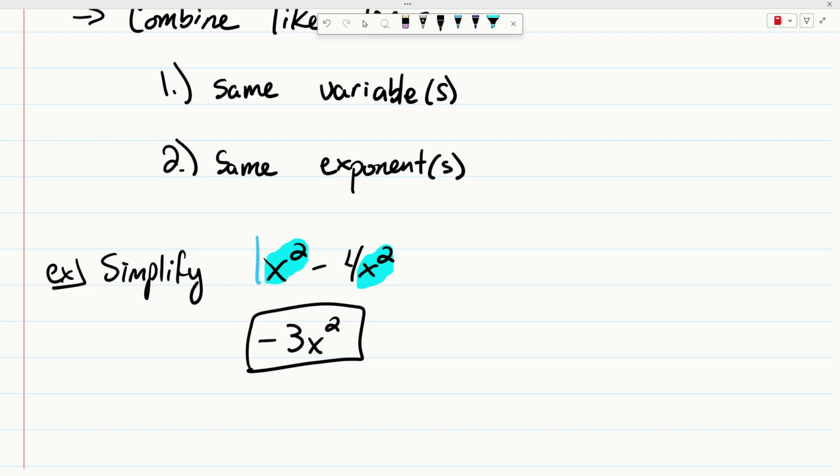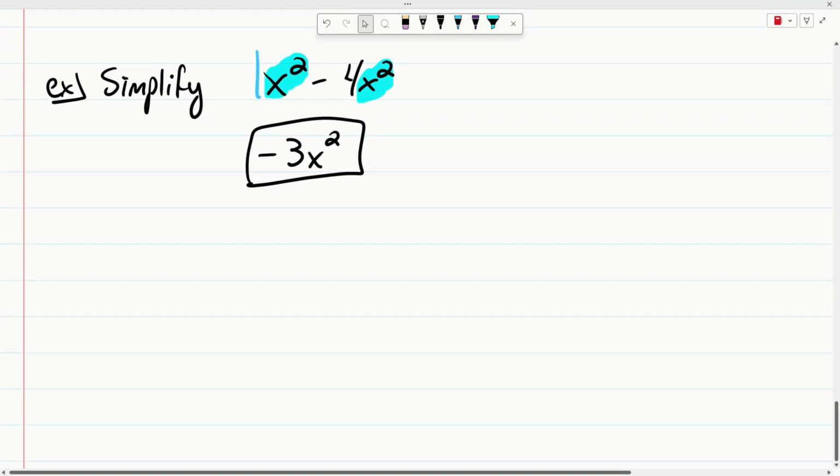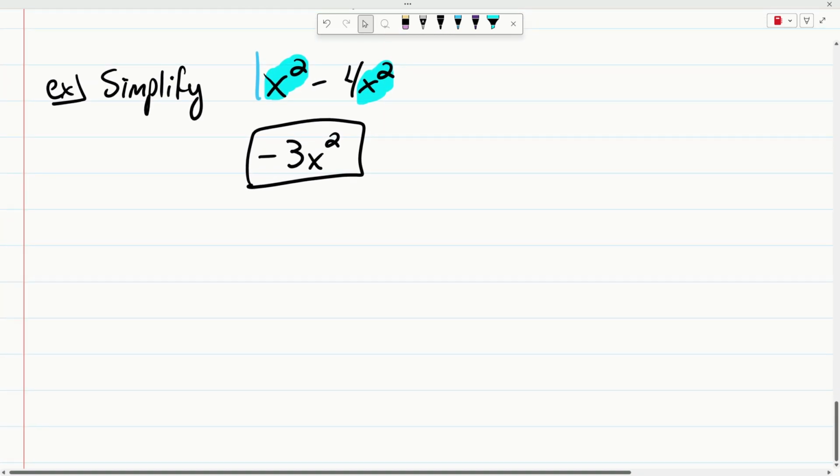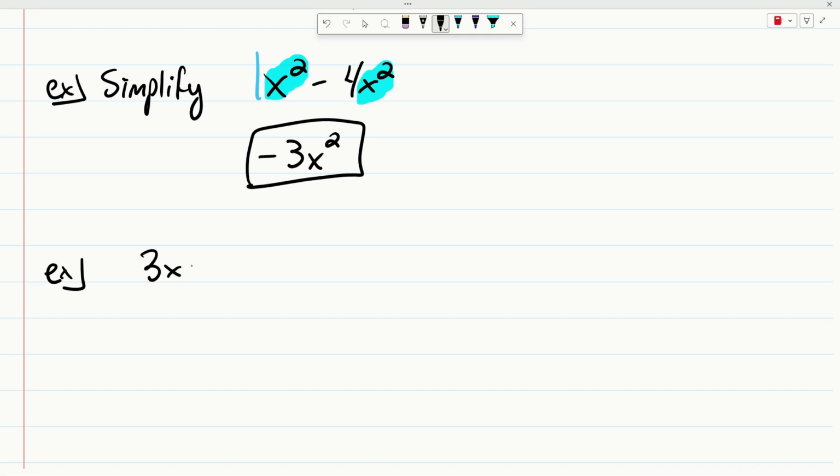So let's try another one here. How about 3x plus 5y plus 2x? Well, in this scenario, we're looking for same variable, same exponent.